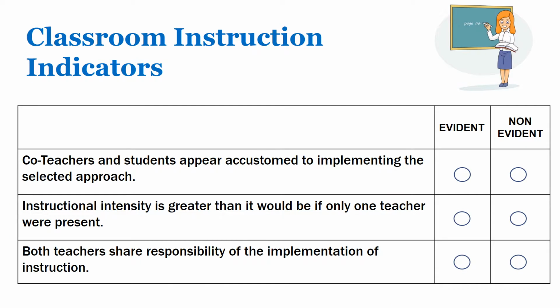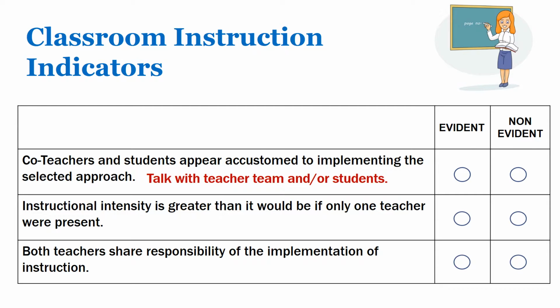Do both the teachers and the students seem to be accustomed to working through these essential steps of co-teaching? Or quite frankly, is it just something done occasionally, or perhaps even without fidelity? The classroom instruction indicators focus on these essential questions.